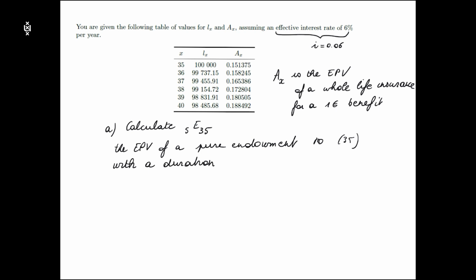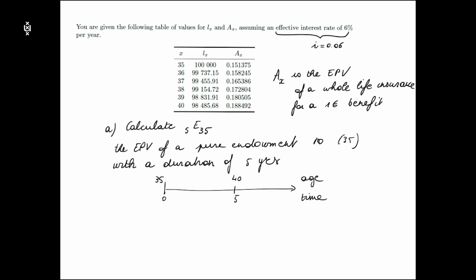So that means, if I look at a timeline, I'm now a 35-year-old at time 0. So this is age and this is time. And this pure endowment will pay me a benefit of €1 in case the policyholder is alive at time 5 at the age of 40, right?